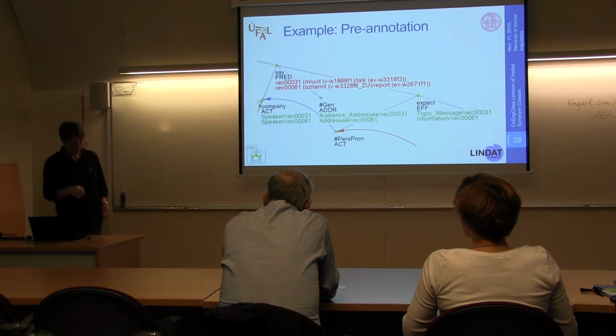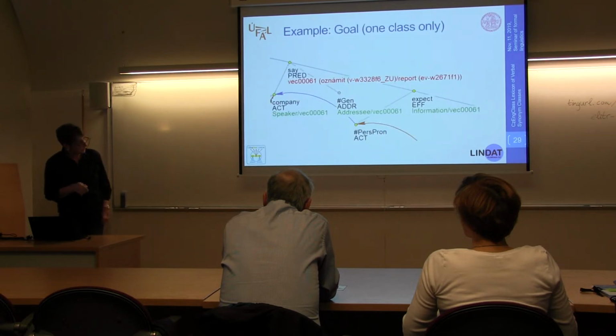So after the manual annotation, the annotation looked something like this. The verb say would have assigned only one synonym class, and each valency slot would have assigned one semantic role.